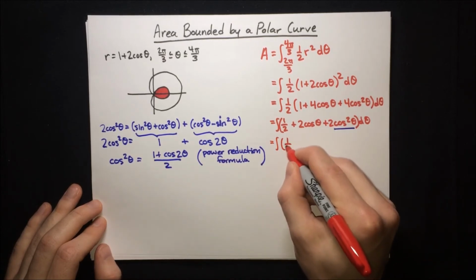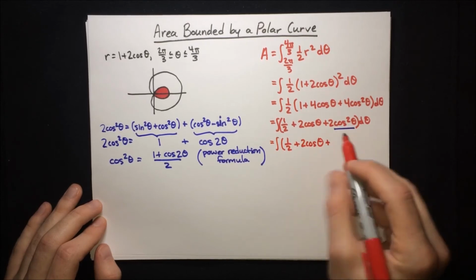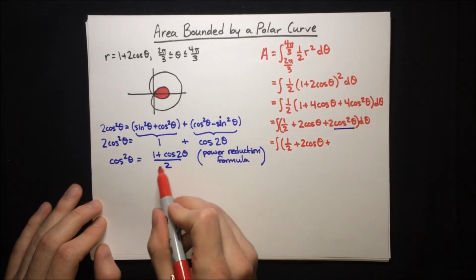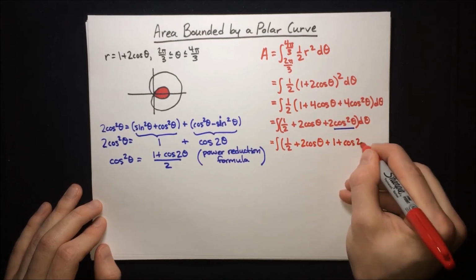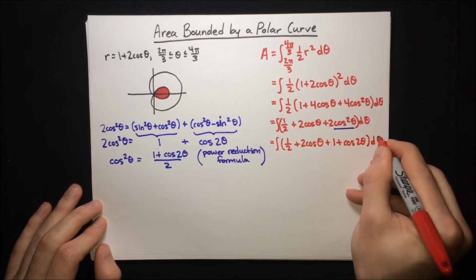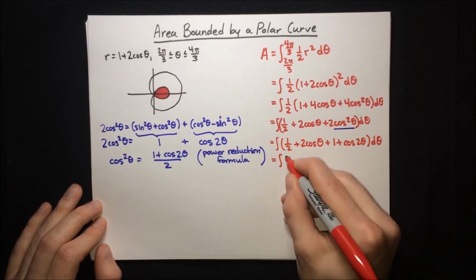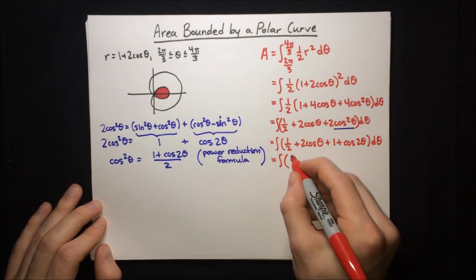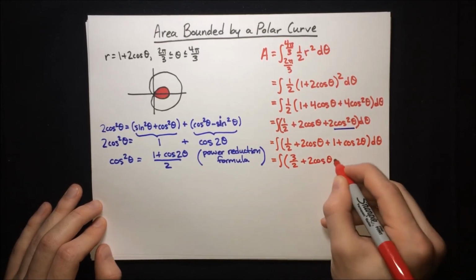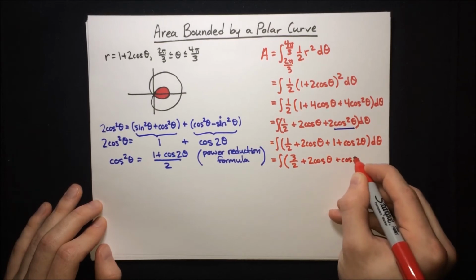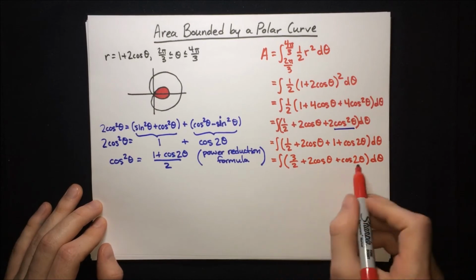So I've got a half plus 2 cos theta, and then plus, well, this 2 is going to cancel out with the 2 in the denominator, so we just have 1 plus cos 2 theta d theta. Alright, so now let's simplify this. That's the integral of half plus 1, that's 3 halves, plus 2 cos theta, plus cos 2 theta, and now we're good. We can actually integrate this thing now.